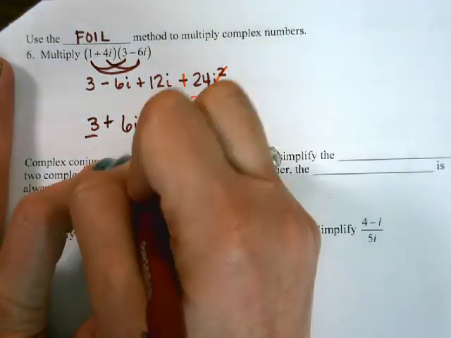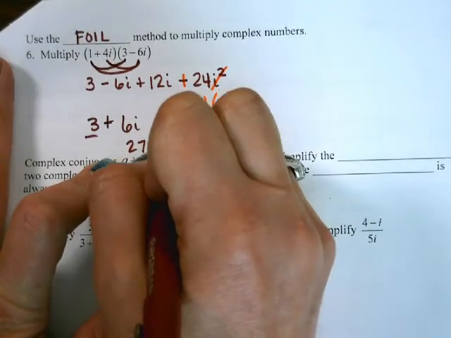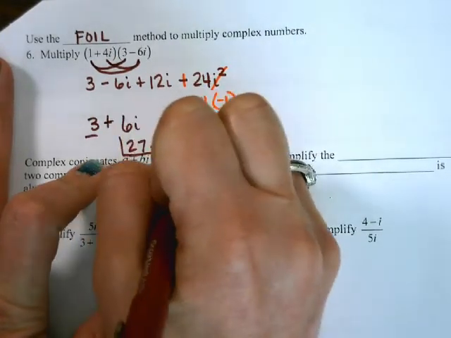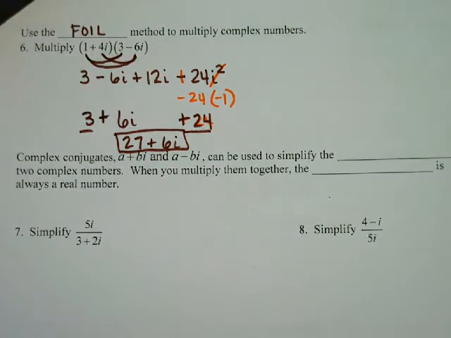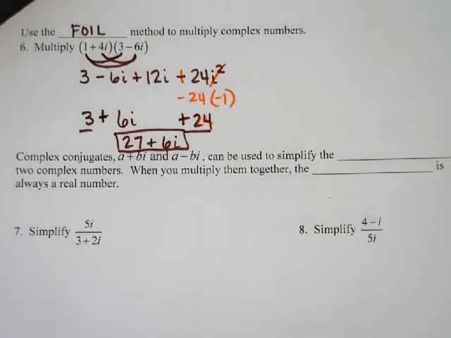So this guy ends up being 27 plus 6i. Usually we write the i part at the end, but it doesn't matter. You could have said 6i plus 27 and I wouldn't have cared. Okay, questions so far?